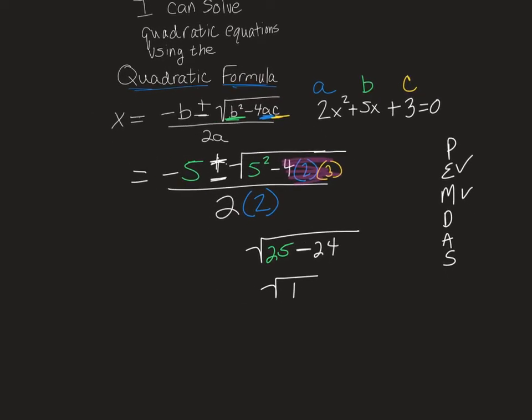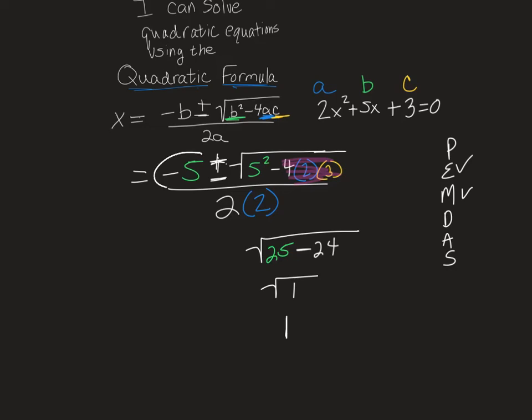So take care of everything that's underneath the square root first. And I'm going to simplify that even more, because remember what a square root means. It means what number times itself is going to give you that number. Well, obviously, the only thing that's going to give you 1 is 1 times 1. So the square root of 1 is 1. So I've cleared out all of the square root, and I'm going to bring the rest of the formula down.